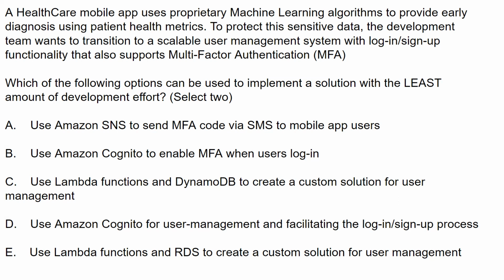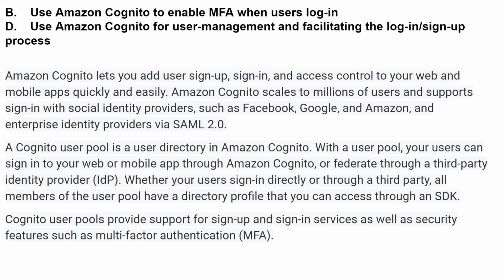And the last is use Lambda functions and RDS to create a custom solution for user management. Answer is, okay, B, use Amazon Cognito to enable MFA when users log in, and D, use Amazon Cognito for user management and facilitating the login sign-up process.